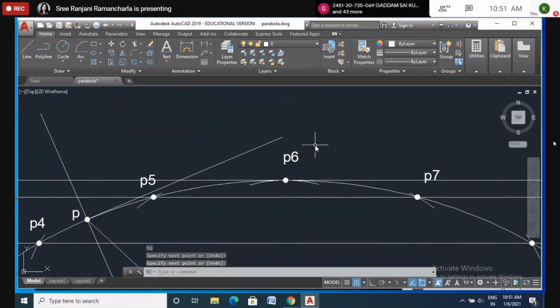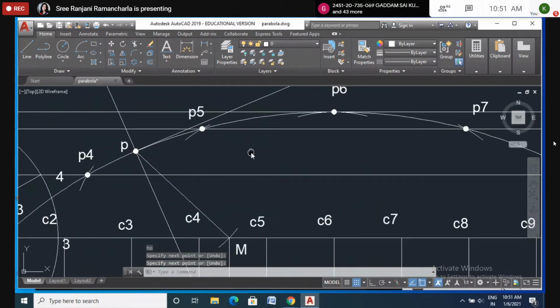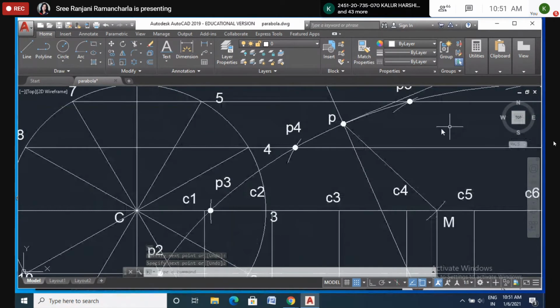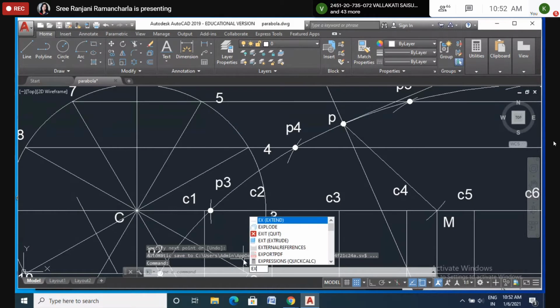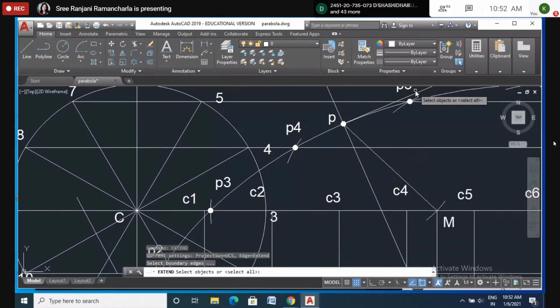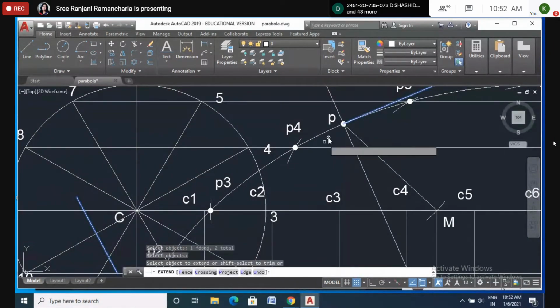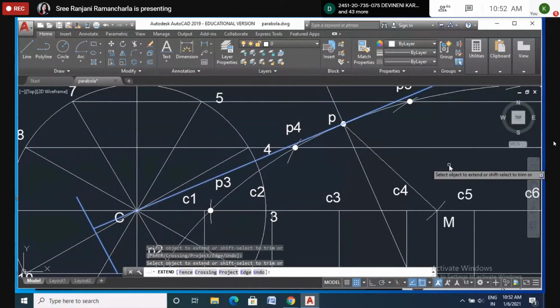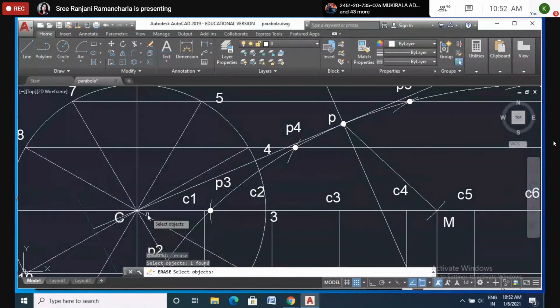And I want to extend this line. So for extension, I want to draw one line here, somewhere here. You can extend with the scale.